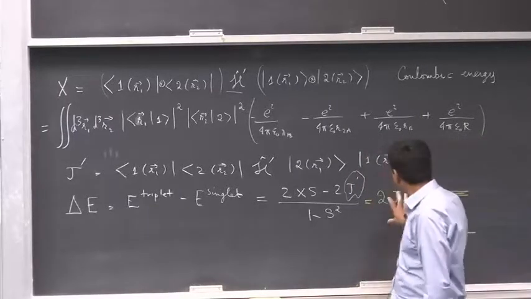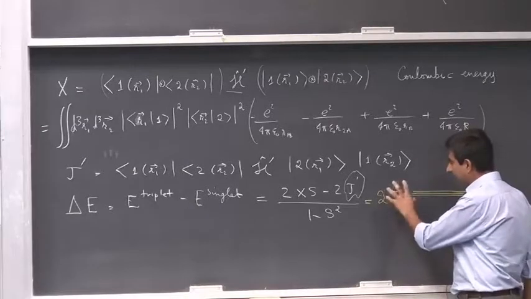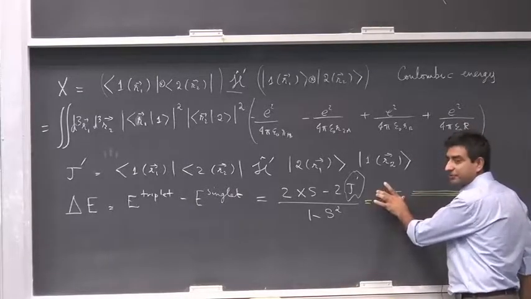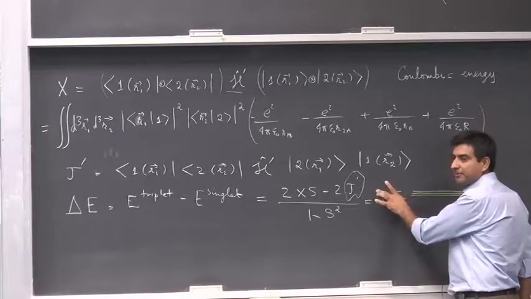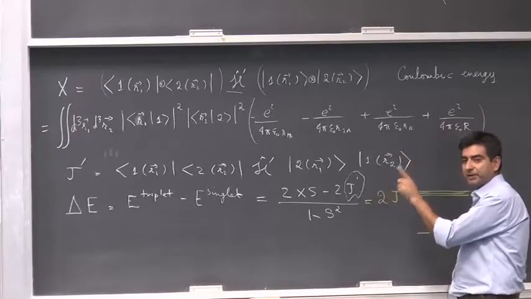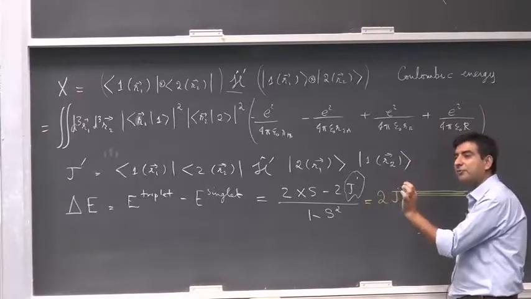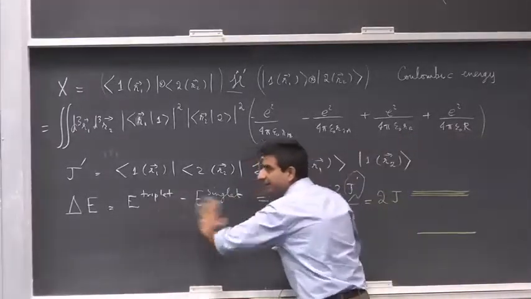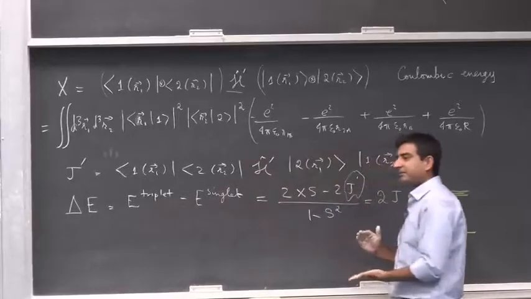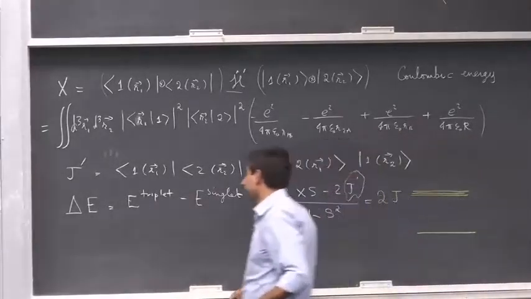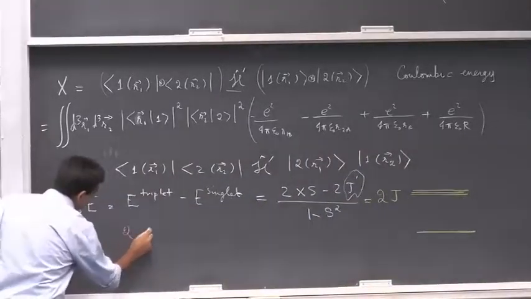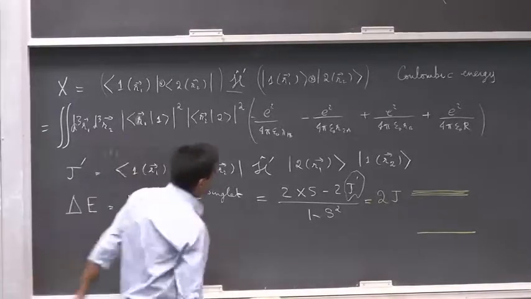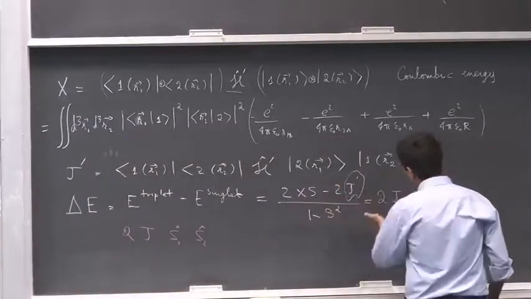Why do we like to have an energy splitting between singlet and triplet of this kind, 2J? Why do we like to call it 2J? Because we talked about the Heisenberg Hamiltonian. The Heisenberg Hamiltonian is of the form 2J S1 dot S2. So if you were to express this energy splitting between the singlet and triplet in terms of the Heisenberg Hamiltonian, which is given by 2J S1 dotted with S2, we would like to call all of this equal to 2J.